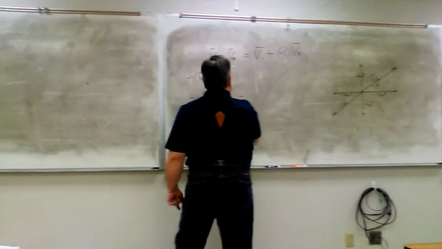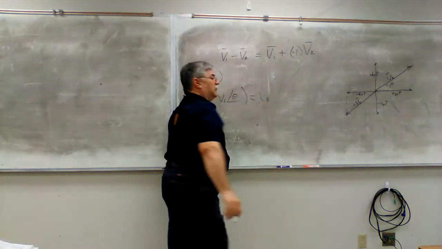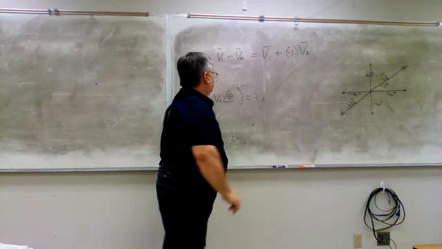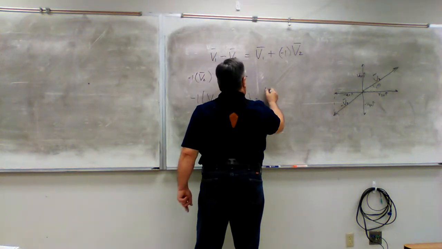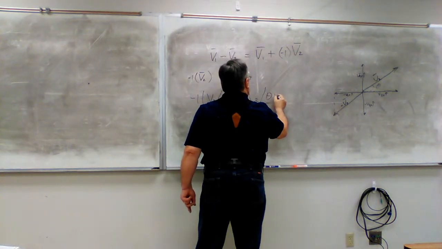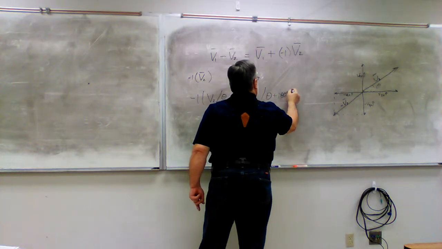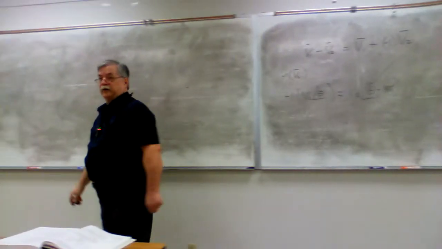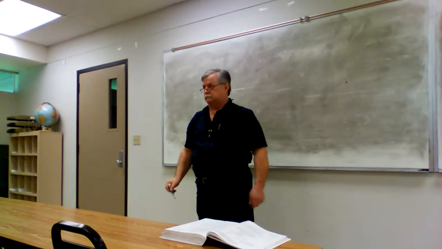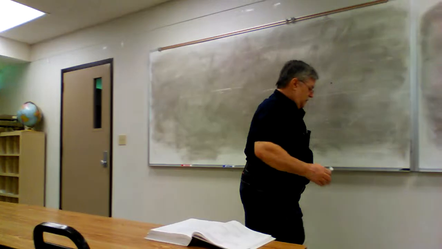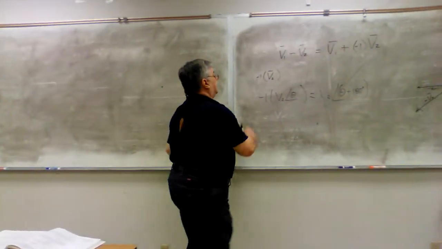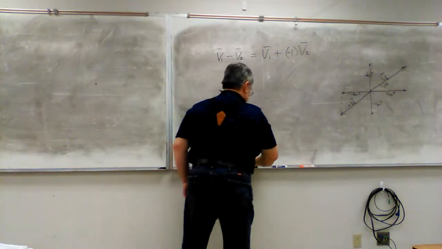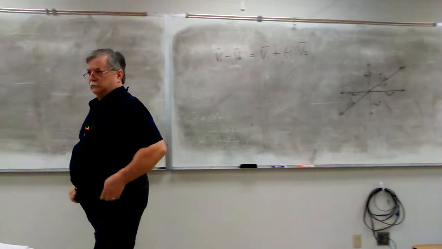But strictly speaking, what this would actually become is v2 at an angle of theta plus 180 degrees, or theta minus 180 degrees. As you can see, that would become very convoluted very quickly.